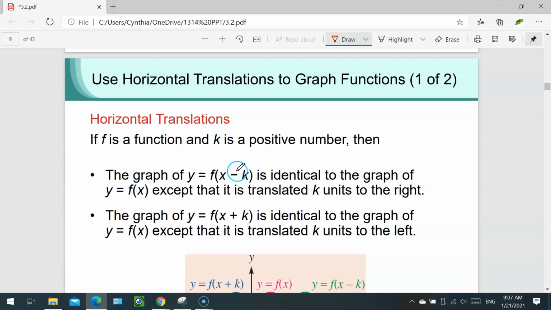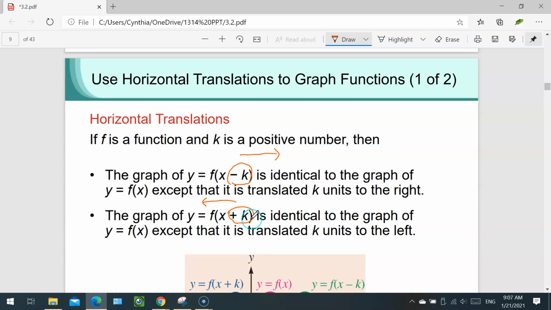So f of x minus k is identical to the graph of y equals f of x, except that it is translated k units to the right. When you have a minus number inside of the parenthesis, it goes right. When you have a plus k inside of the parenthesis, the graph shifts to the left.